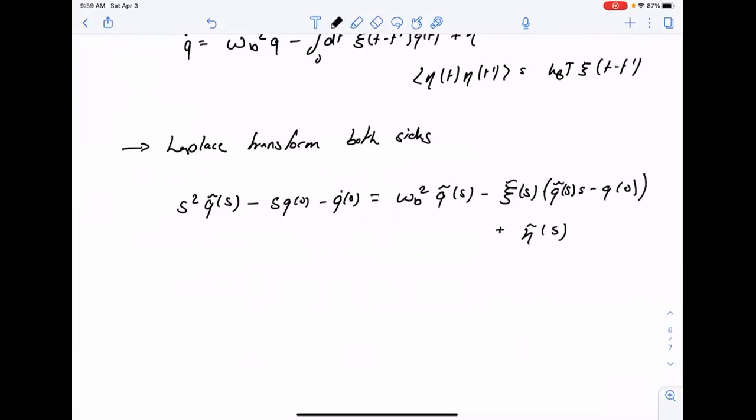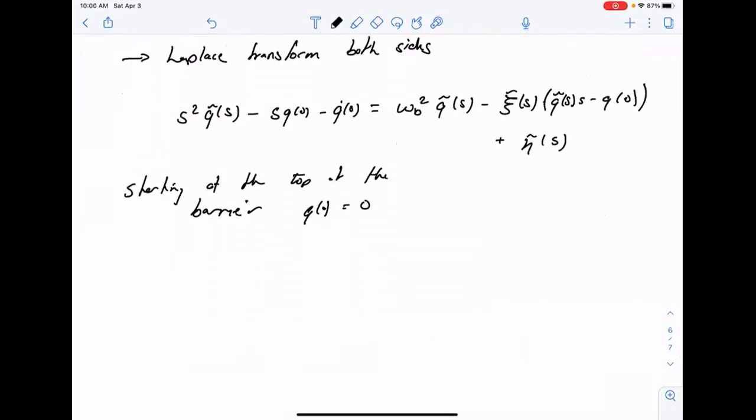And let's assume that we start exactly at the top of the barrier, so that Q of 0 is equal to 0.